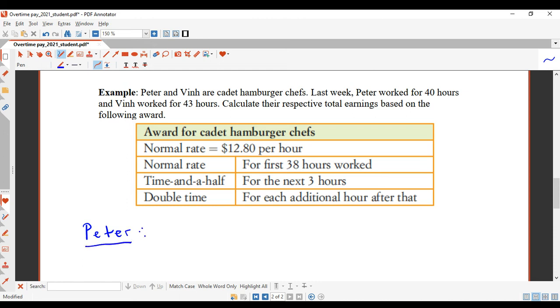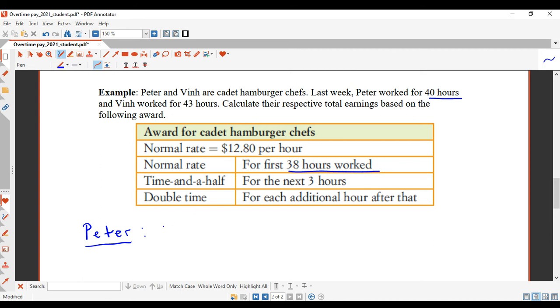For Peter, Peter worked for 40 hours. We're just going to take the normal rate of pay here, which is $12.80 per hour. And if you look, the normal rate only applies to the first 38 hours worked.